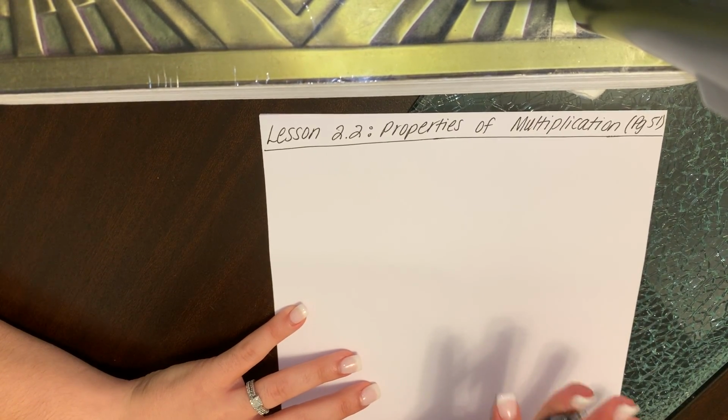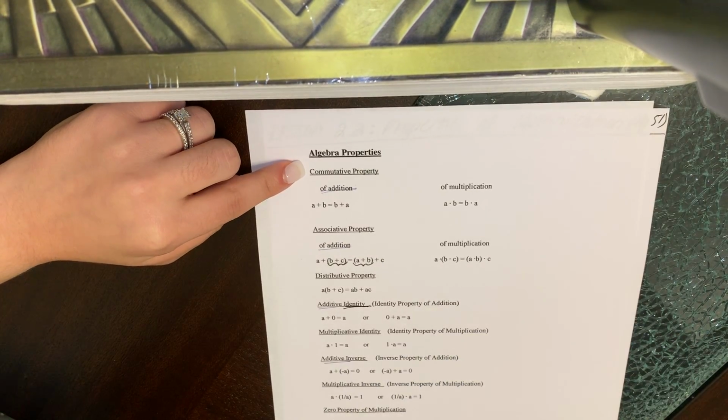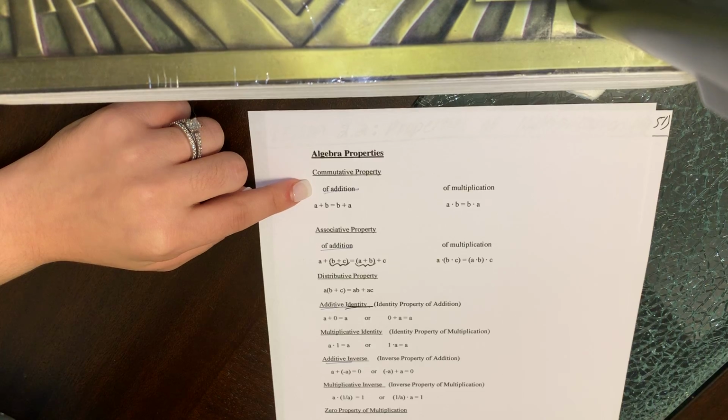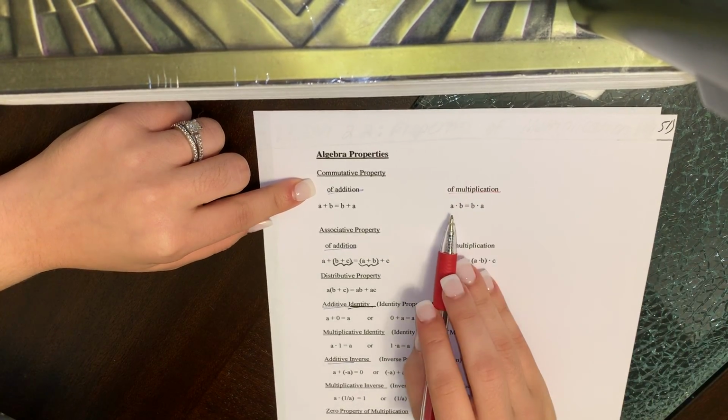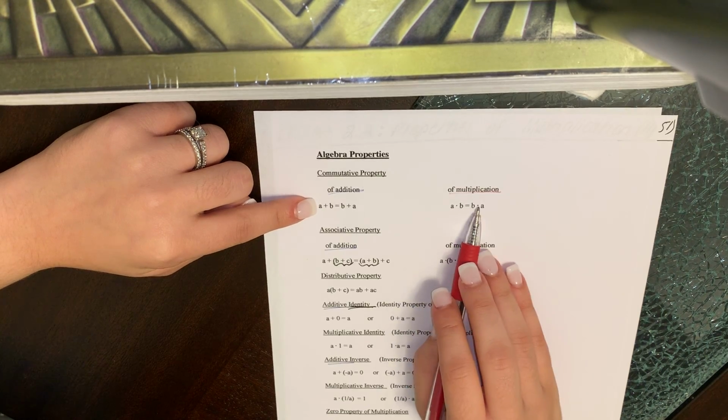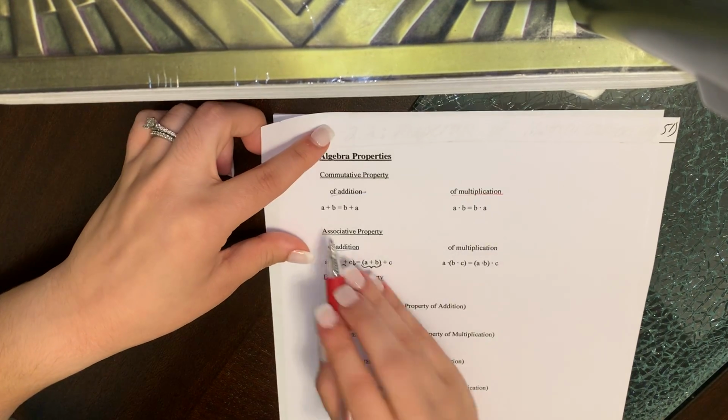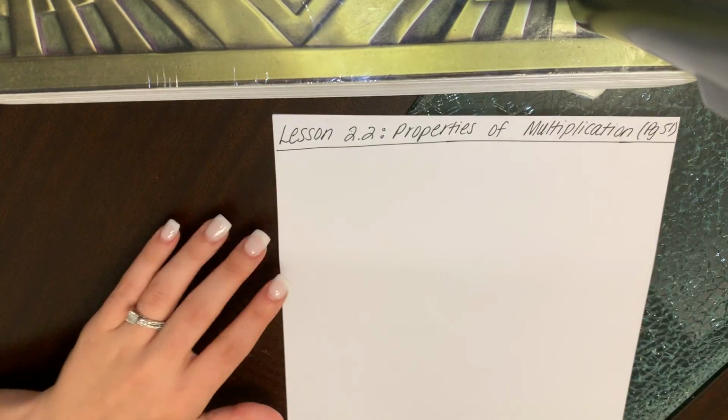First off, some of the properties are pretty much the same. For example, there's a commutative property of addition, but now there's a commutative property of multiplication, okay? Meaning, it's very similar, the order just switches around, but instead of an addition sign, a multiplication sign.